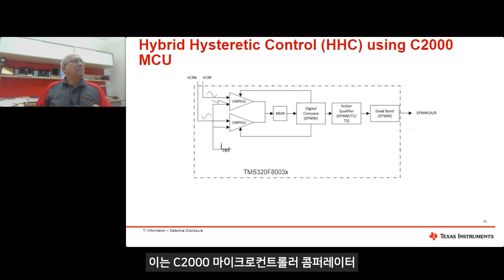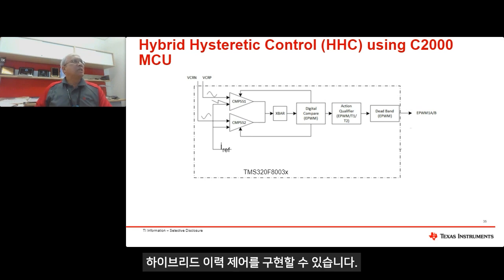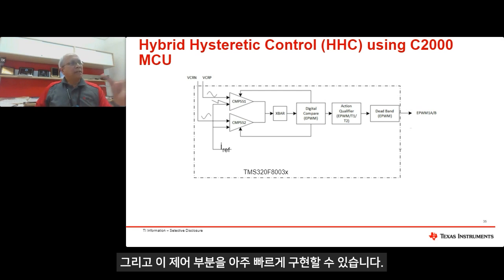These are available in the C2000 microcontroller: comparator subsystems and X-BAR, digital compare modules, and then action qualifier and deadband. You can use all these together and implement the hybrid hysteretic control using the on-chip modules, and implement that part of the control pretty fast.